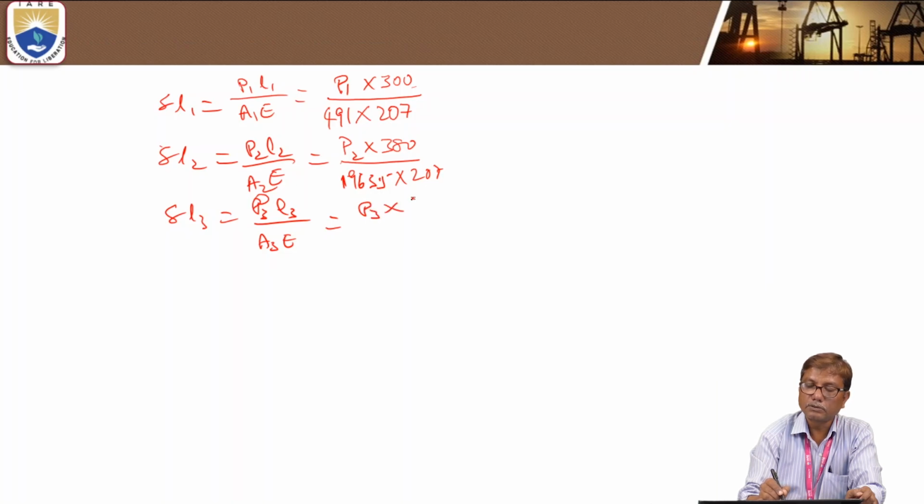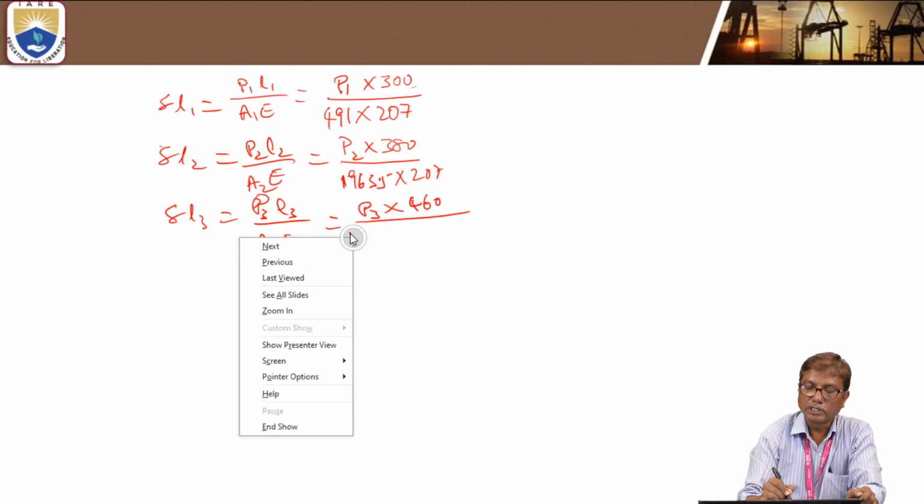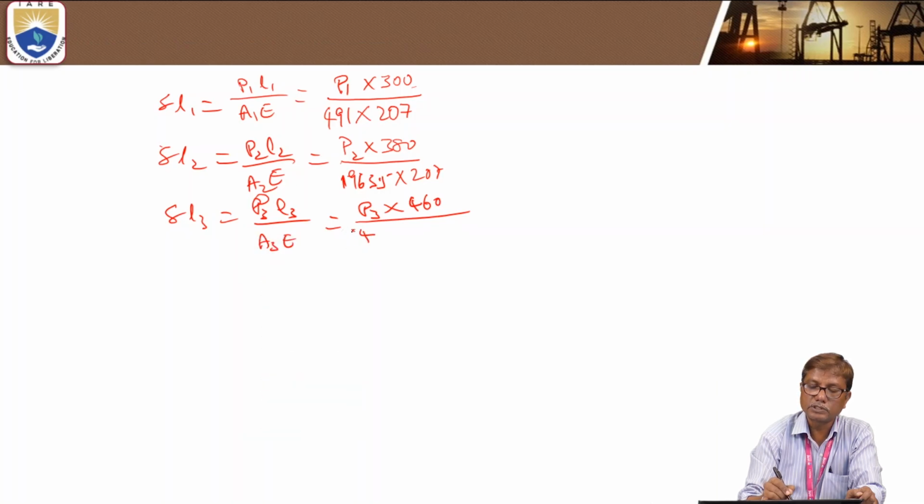So P3 into L3 is 460 by A3 is 4417.9 into 207.